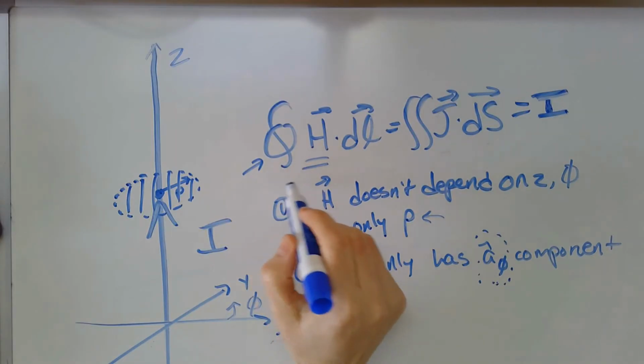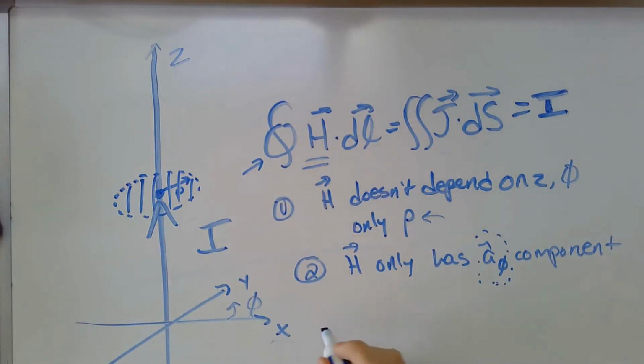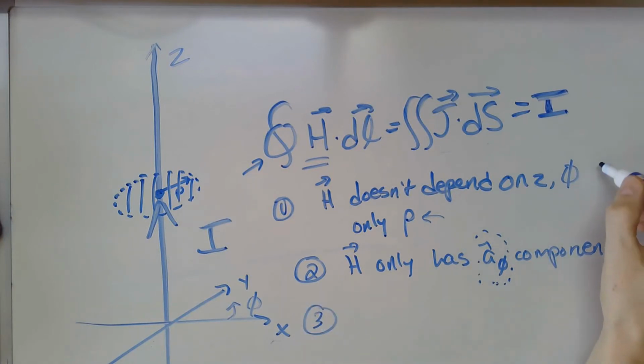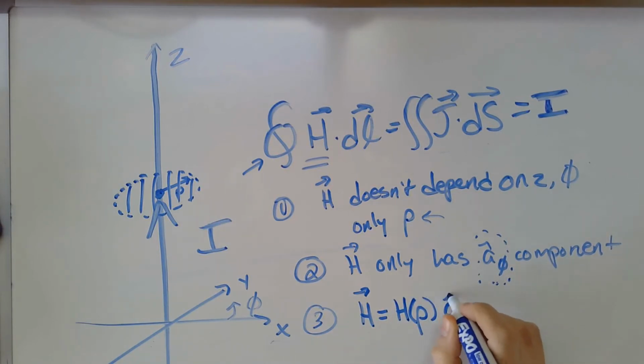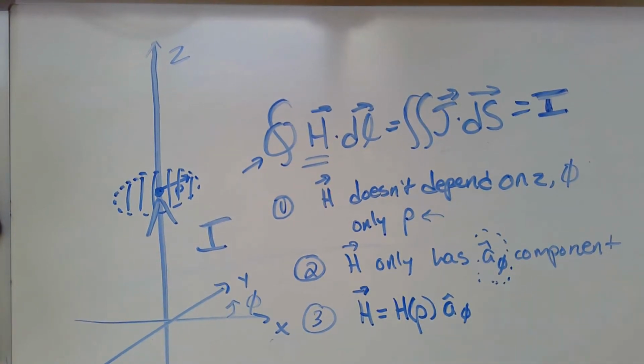Next, we need to evaluate this path integral. So, out of these steps 1 and 2, we know that H has this form: some amplitude, which is a function of rho, times a hat phi. And what we're trying to do here is solve for what function of rho this is.